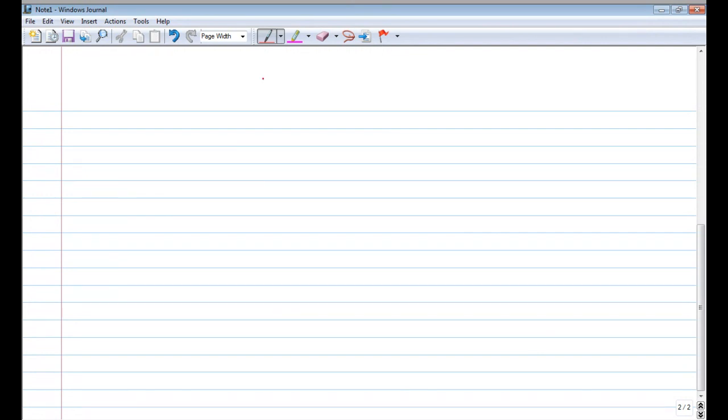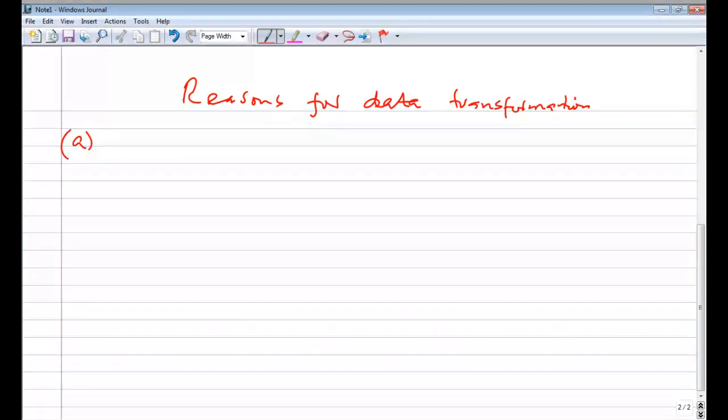The question is, why do we transform the data? In other words, what are the reasons for data transformation? Number one, we want to stabilize the variance.